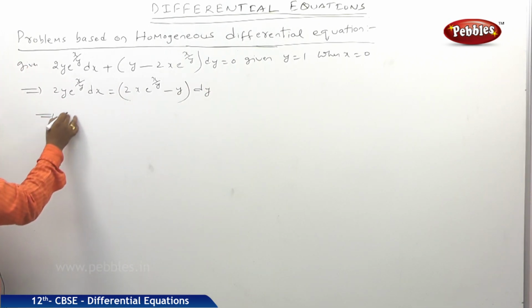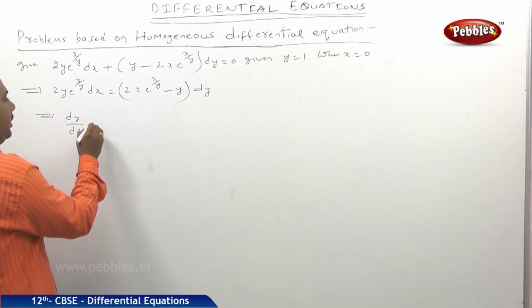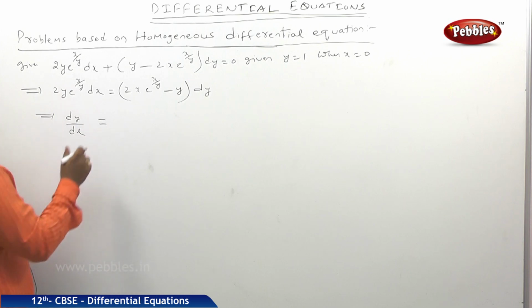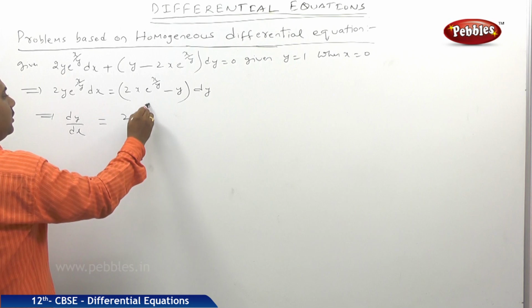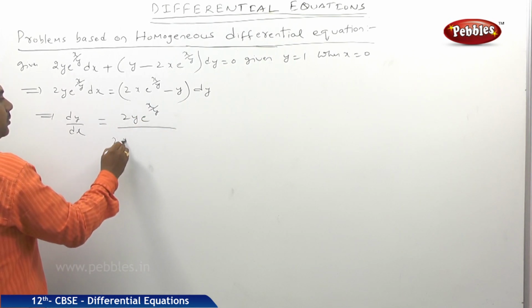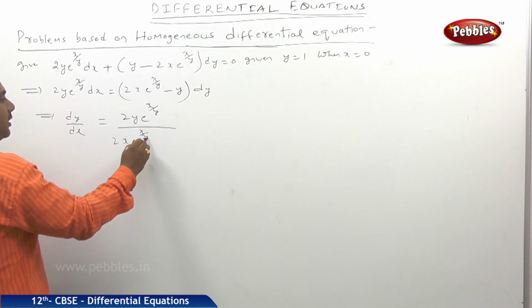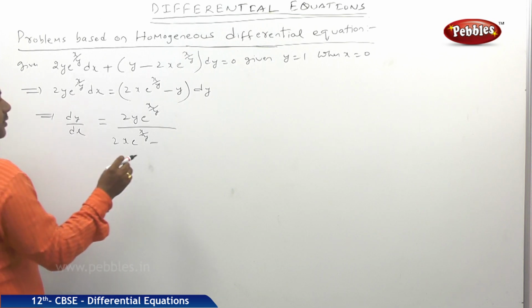So what happens, I will make dy by dx. dy by dx is equal to, same as usual, 2y e power x by y divided by 2x e power x by y minus y.